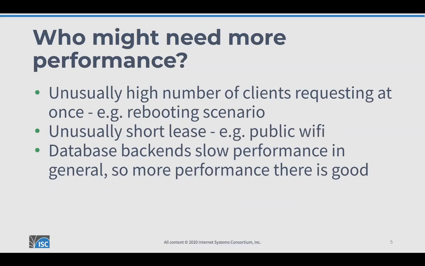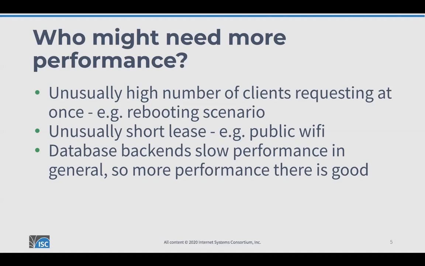The main case is, of course, ISPs, and I know we have several attendees that are from ISPs. Internet service providers are the ones who have these large amounts of clients that are dispersed and need really rapid lease per second performance. Generally, the one that we all dread and love, I guess, is the situation where you have a power outage of an area, and then the power comes back on, and all of those clients are attempting to obtain leases as they're rebooting.